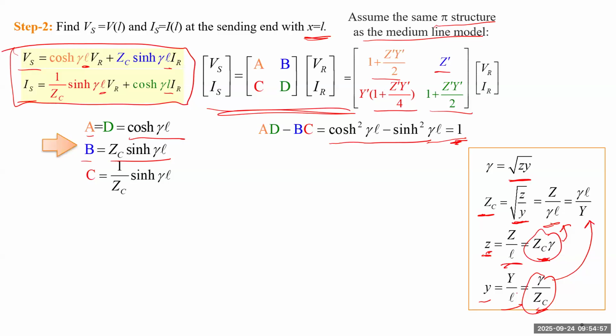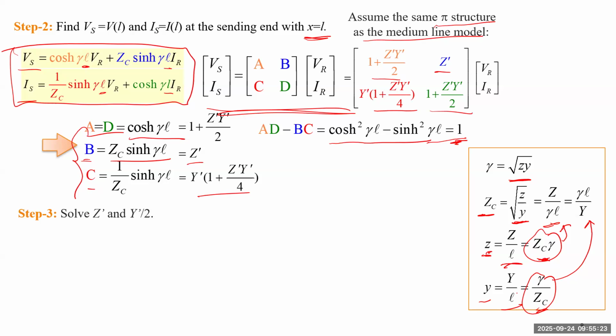Since we already know A, B, C, D, we just simply let A and D equal 1 plus Z prime Y prime divided by 2, B will be Z prime and C will be this one. So we will be able to solve those three equations for Z prime and Y prime.